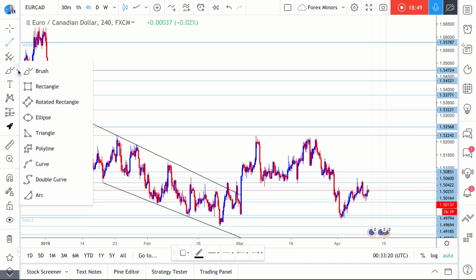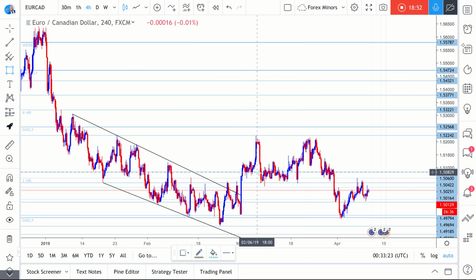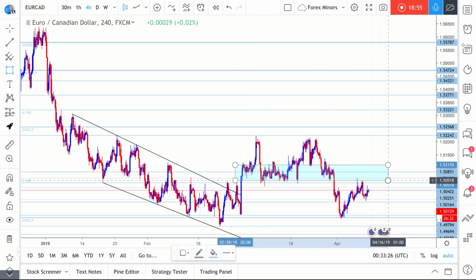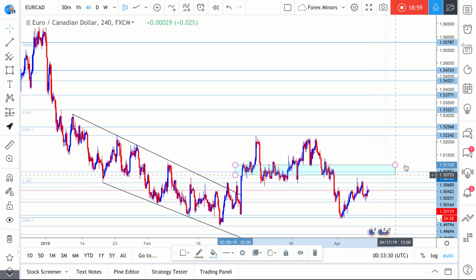But one thing that I do see is support and resistance in this one area. If I could find my rectangle, there we go. So this whole area was just support and resistance all day. So when we get back to that area, whoa, we gotta be careful with really all of this.